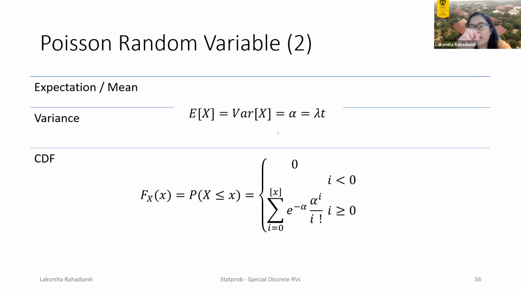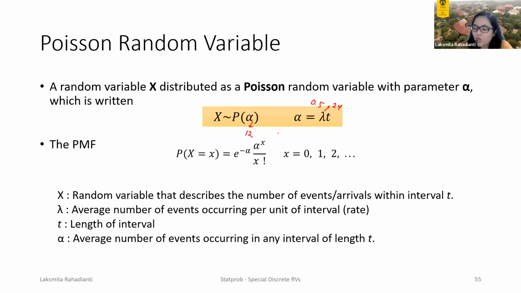So what I would like to highlight here for the Poisson random variable is that you need to be careful that your units are consistent, because here we have per day, per hour, and so on, right? So sometimes your question will be asking about an hour, but you are given the rates in minutes.